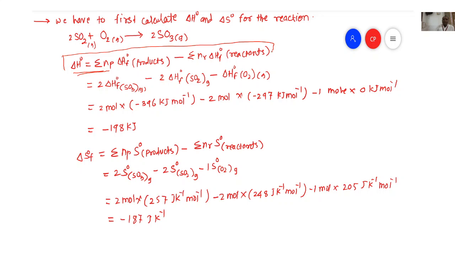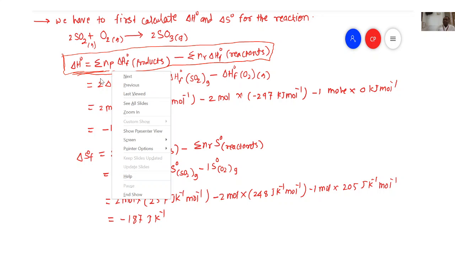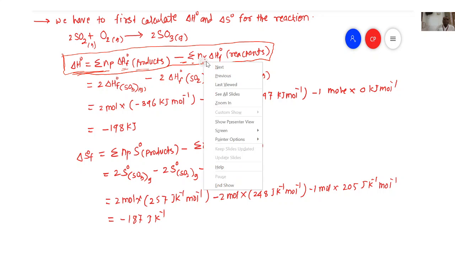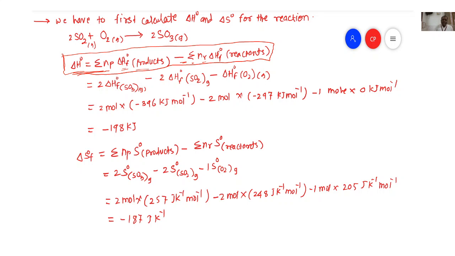Delta H0, the standard enthalpy change, is the summation of number of moles of product times delta H0F, the standard enthalpy of formation of the product, minus the summation of number of moles of reactant times delta H0F, the standard enthalpy of formation of the reactant.